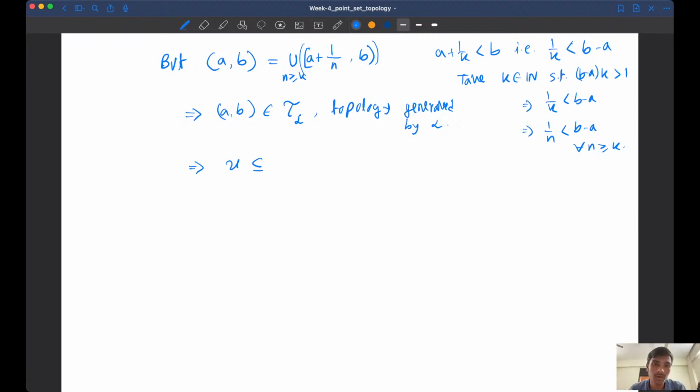For the strictly finer part, we have to show that some open set is here but not contained there in the usual topology.